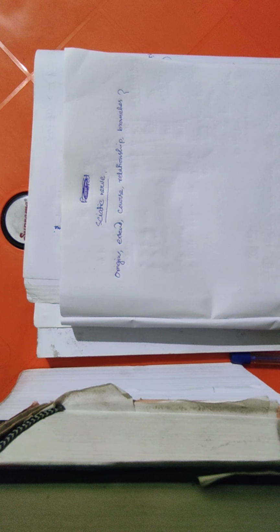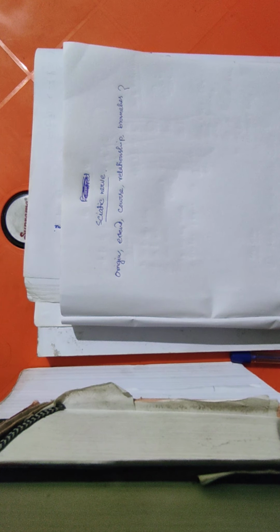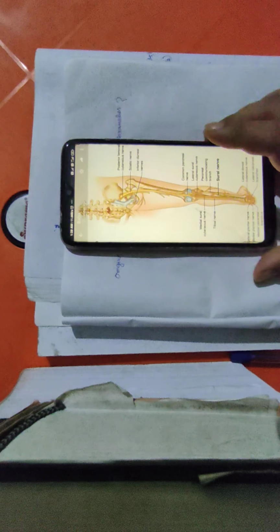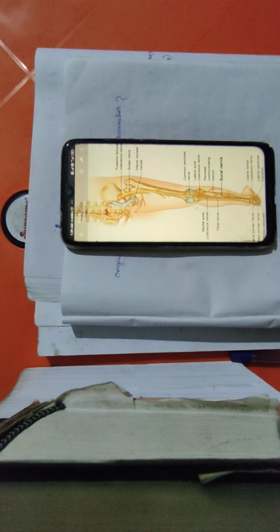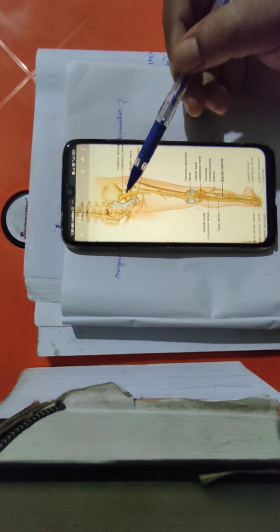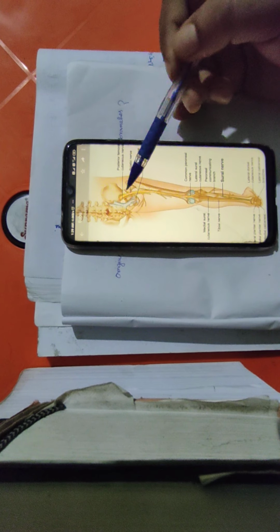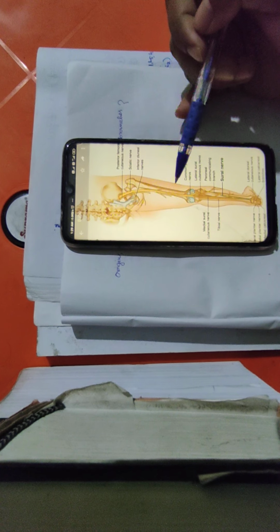Before I go into detail, I want to give you some idea about the sciatic nerve. Here, see this picture, and the yellow color is showing the sciatic nerve.